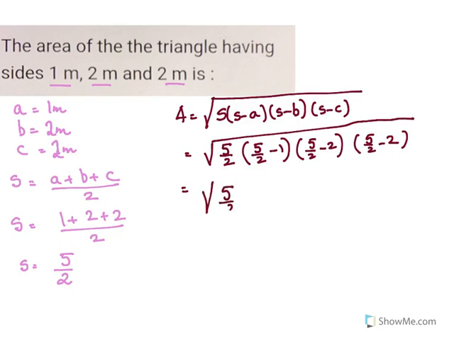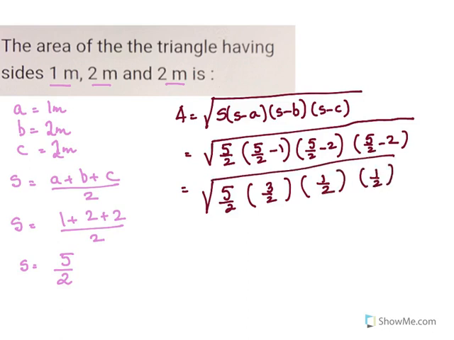So we have 5 by 2. And we take the LCM. I'm not going to take the LCM, you do it. You get here 3 by 2. For this bracket you will get 1 by 2, and for this bracket again 1 by 2 after subtracting. So I have under root of 5 into 3, and here 2 into 2 into 2 into 2.